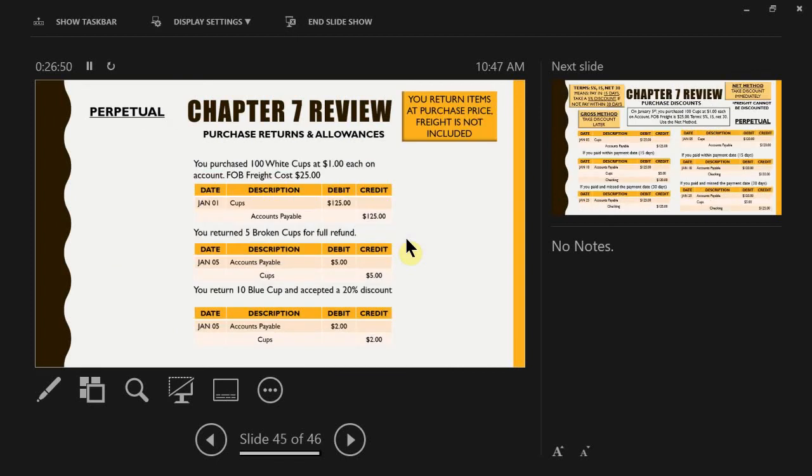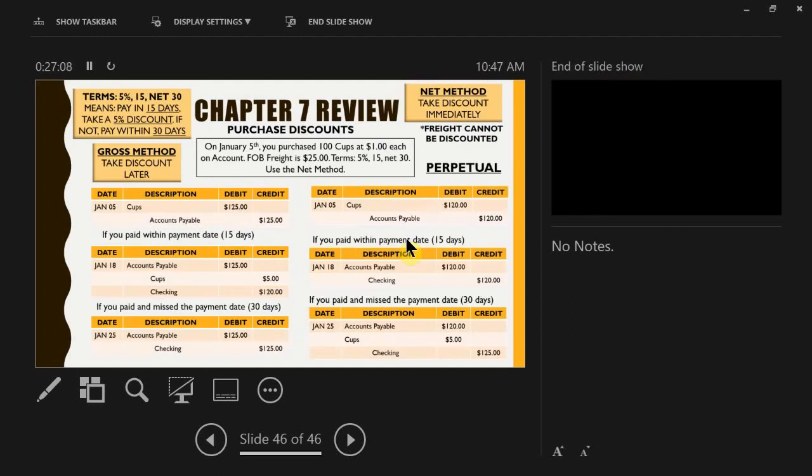And of course, we looked at our purchase returns and allowances. So if we did make a return, right, what happens here is we're just going to credit our inventory account. That's it, because that's where we originally placed it. That's where you're going to take it all out from. Okay? And then same thing with the discounts, right?